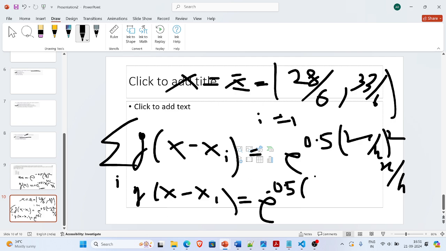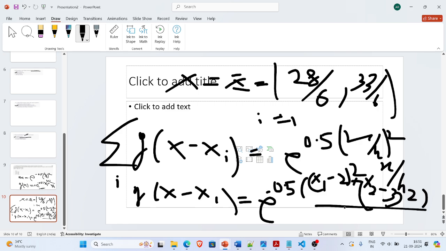So x we know, x1 has to be 2, 3. So x1 first component minus 2 square plus x2, the second component, minus 3 square. Next divided by 8 square, that is 4. This one is done.